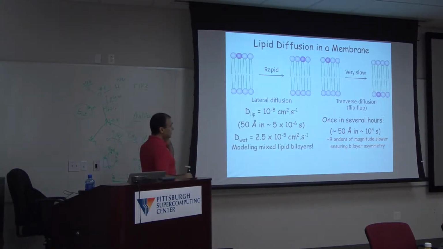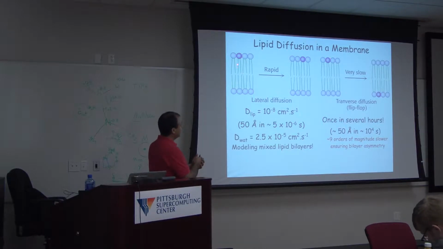Now, one thing that always comes to mind is the fact that lipid diffusion is rather slow. If you look at the biochemistry textbook, they describe lateral diffusion of a lipid within the same leaflet. You can see these two lipids are exchanging in this example here. This is described as rapid.